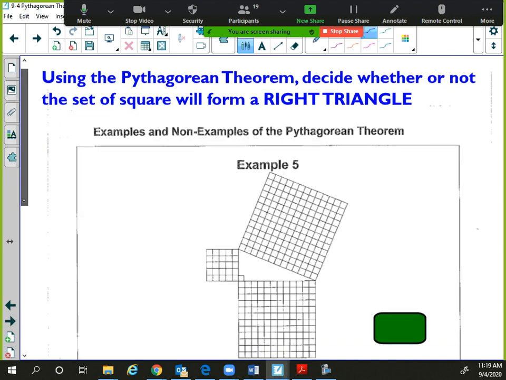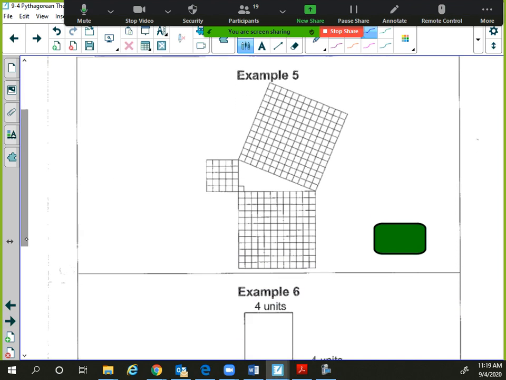We've got 2 more that I want you guys to try on your own. So try this one. I know it may be very small, so I'm going to go ahead and give you the areas. So we have our squares this time. The area of the smallest one is 25 square units.